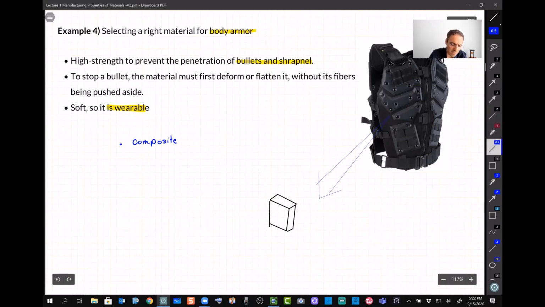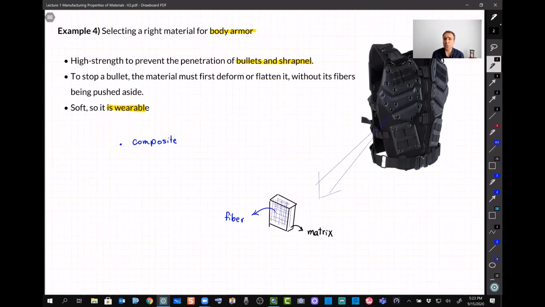Inside that element, I will see a lot of fibers, maybe going vertically or horizontally. And they are all inside of a softer material, which we call the matrix, which holds everything. So this is what we call fiber.